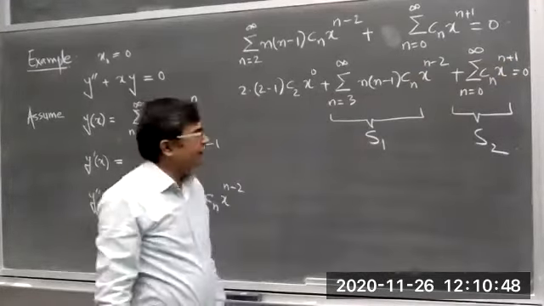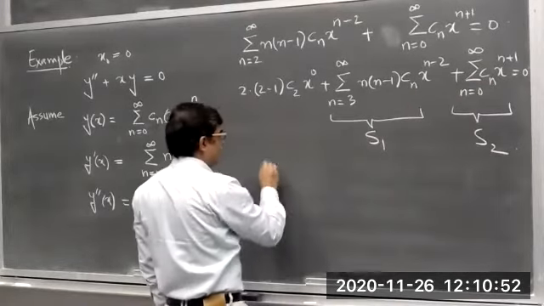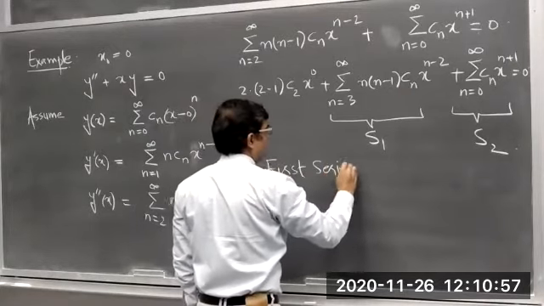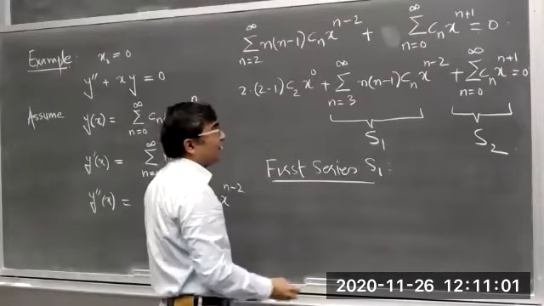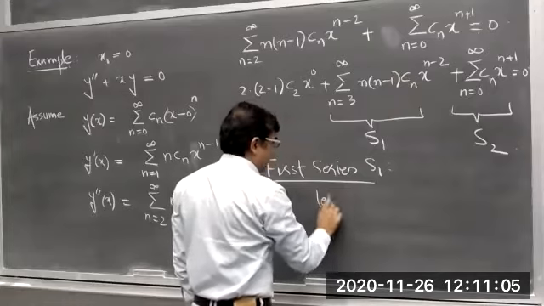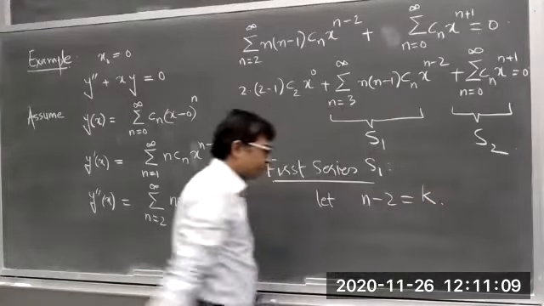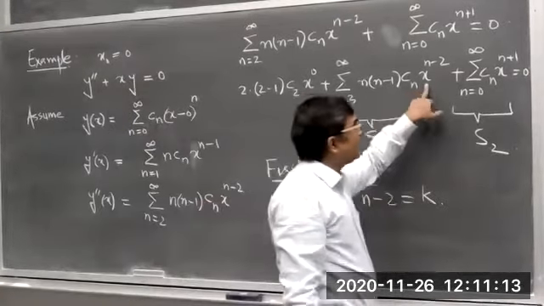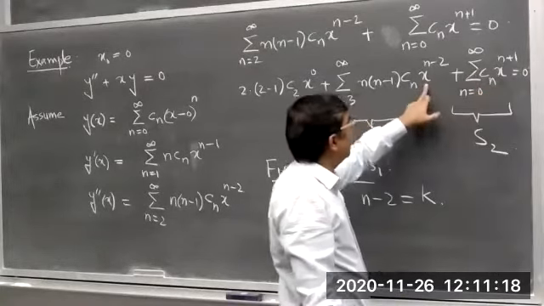How do we do this? For example, if we consider the first series S1, we substitute n minus 2; you can say that let n minus 2 be equal to some other thing k. Now we are going to make the exponents of x identical. How do we make them identical?